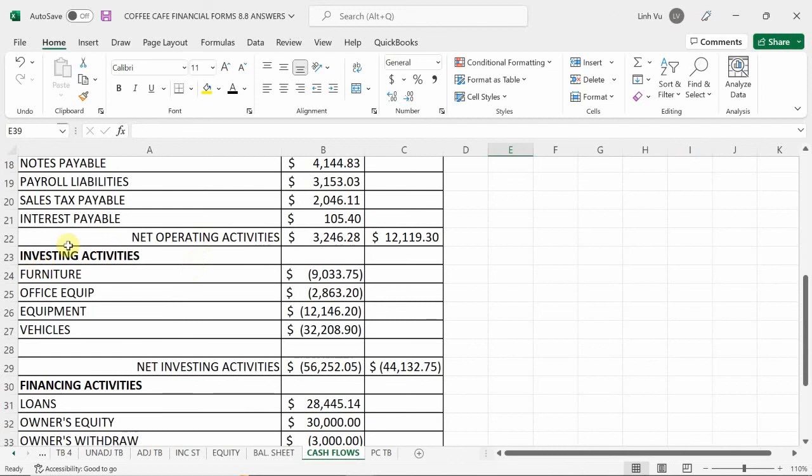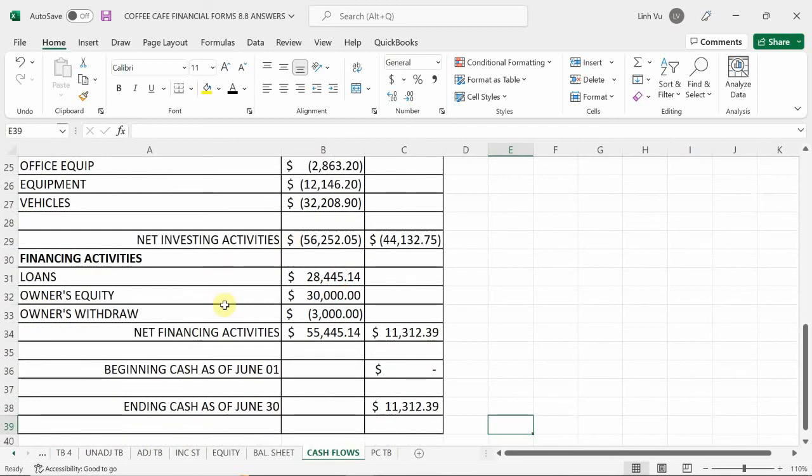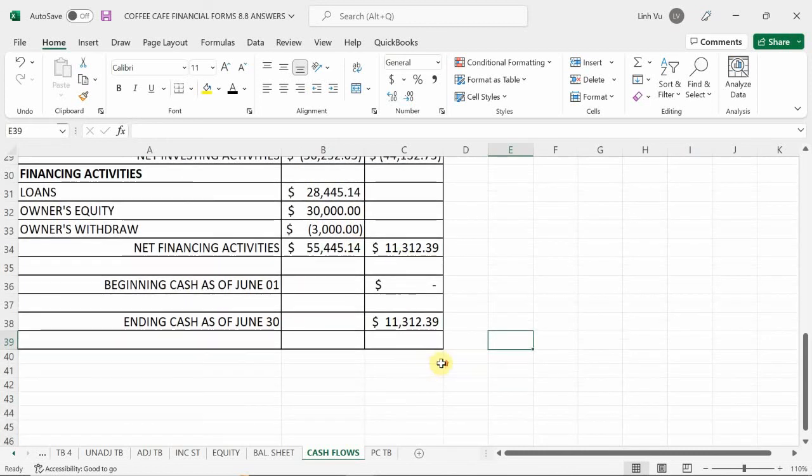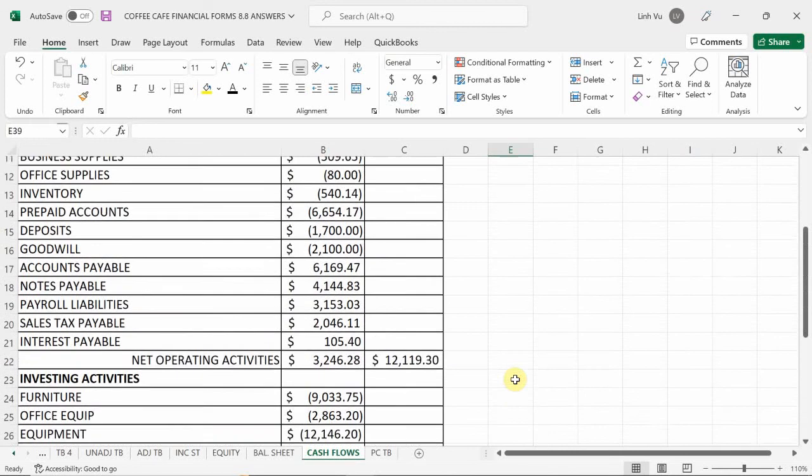Then for investing activities, you see all the money that we spent to buy our equipment. And then for financing, the money that we received, whether we put in our original investment or got a loan. That's cash that we acquired. And there you go. That is how you do the statement of cash flows.